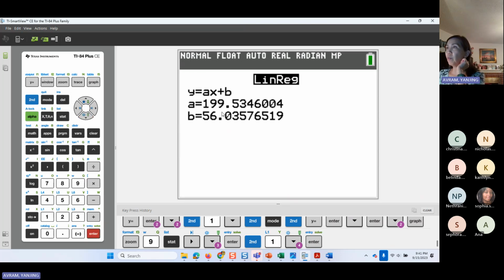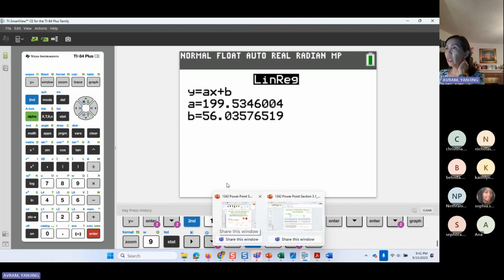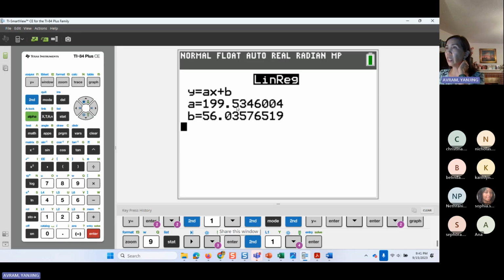All right, this is giving you the linear regression coefficients, y equals ax plus b, which is our second section, the one we're going to try to find. Basically a is 1.1995346 and b is 56.035 something, right? But this one didn't show the r.